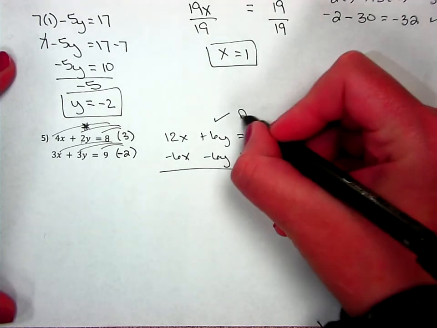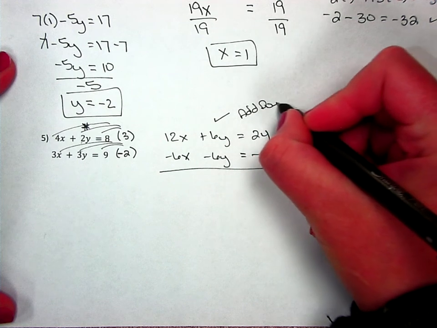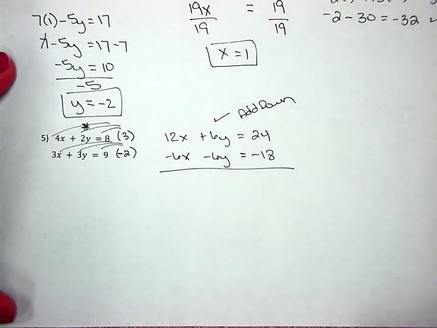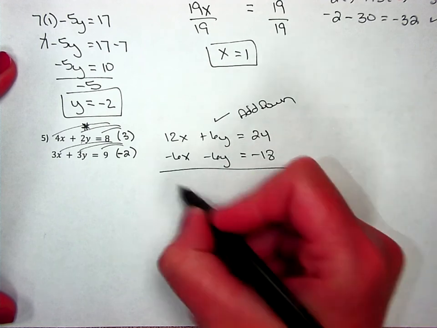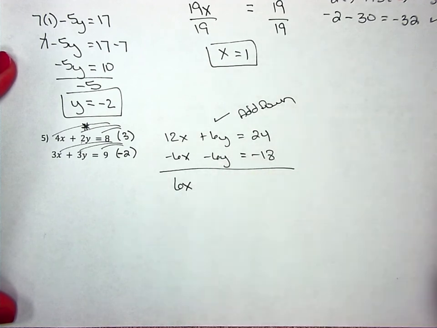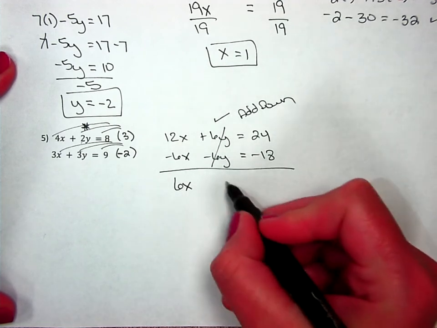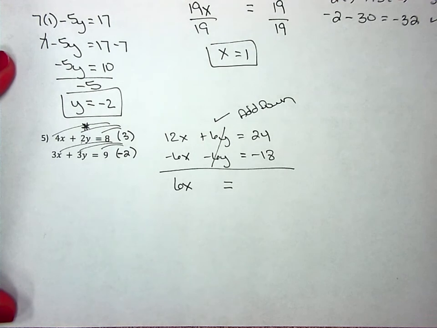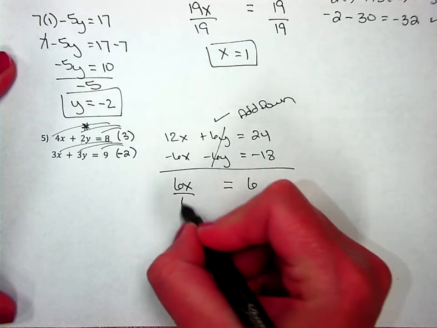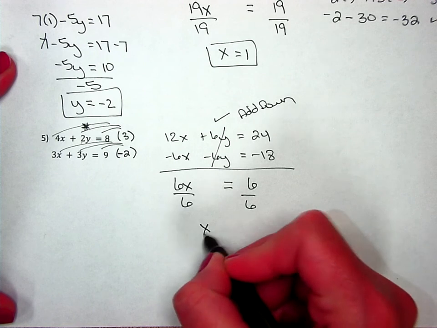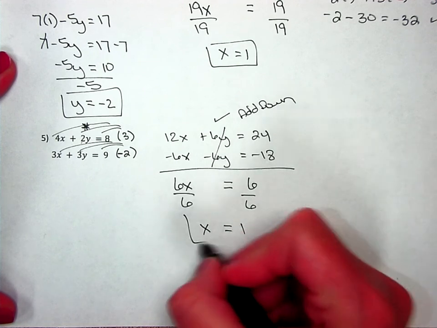Once you have opposites, now you're allowed to add down, which is just simply combining like terms. So 12 plus negative 6 is 6x. That adds up to 0. You're gone. And that adds up to 6. We're going to divide both sides by 6, and x equals 1.